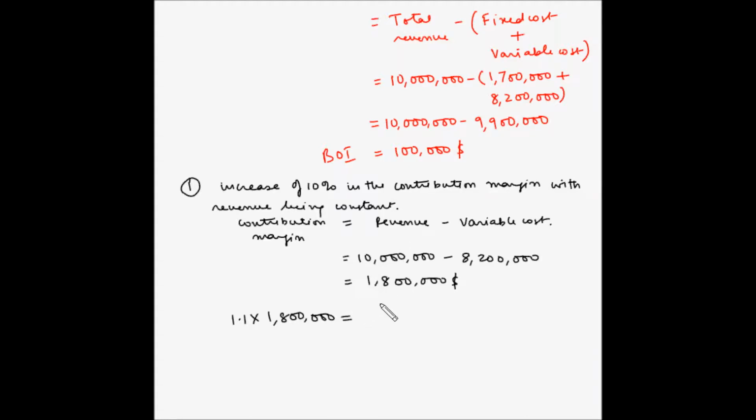This is equal to the revenue, which remains the same, 10 million, minus the new variable cost. We'll call this VC1.